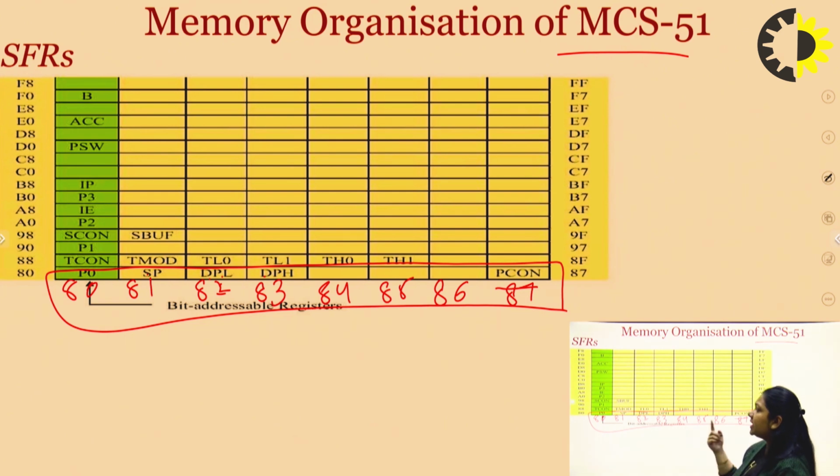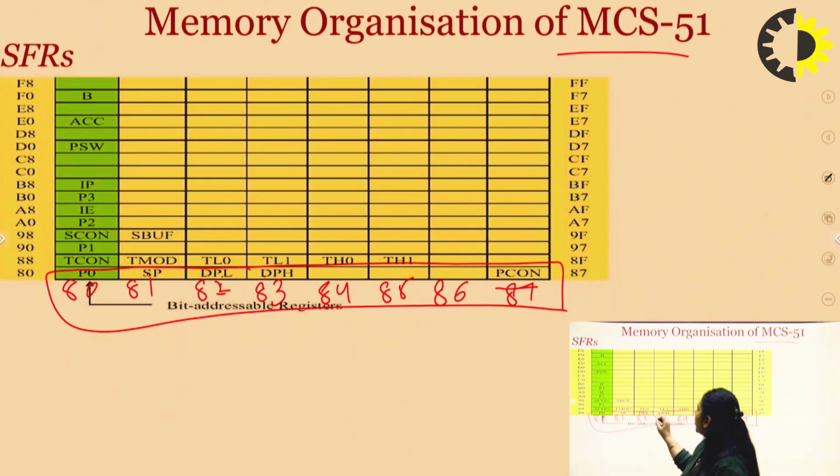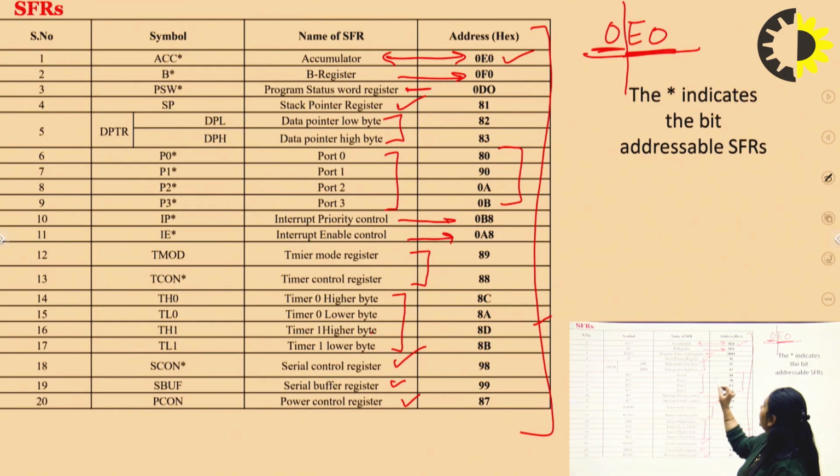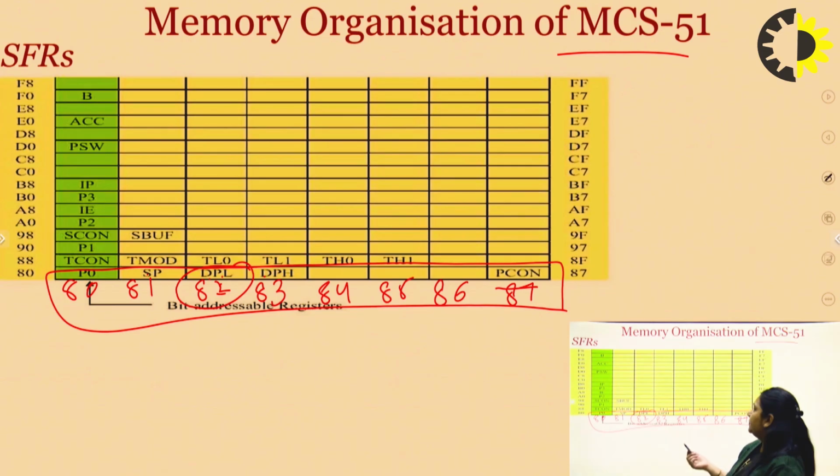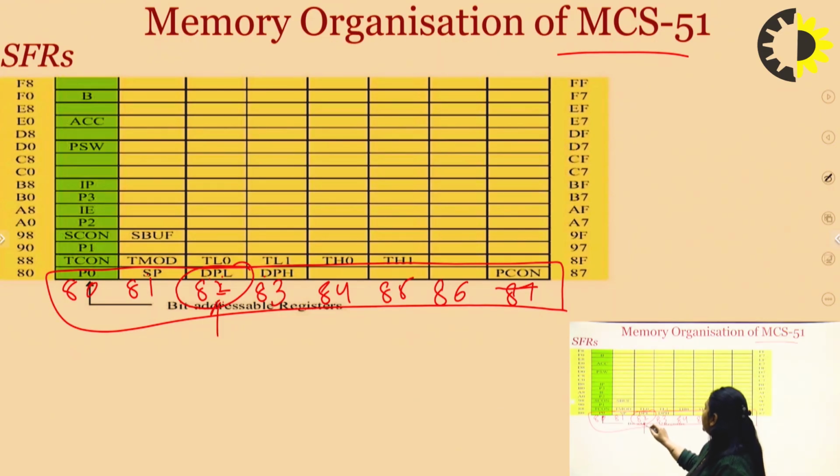And when we are pointing to a single bit, suppose the data pointer lower byte is 82. You can see here, it's 82. That means this is bit addressing. Only a single bit is addressed by the data pointer's lower byte. This is the concept of bit addressable registers. It is written here also, bit addressable registers.